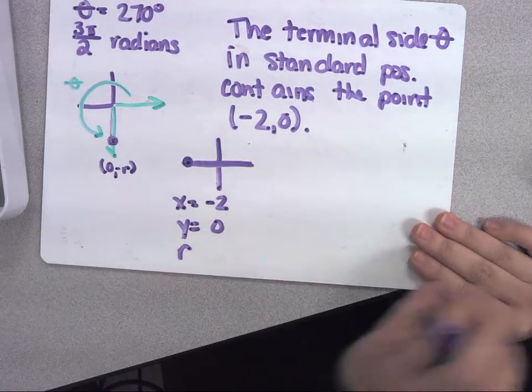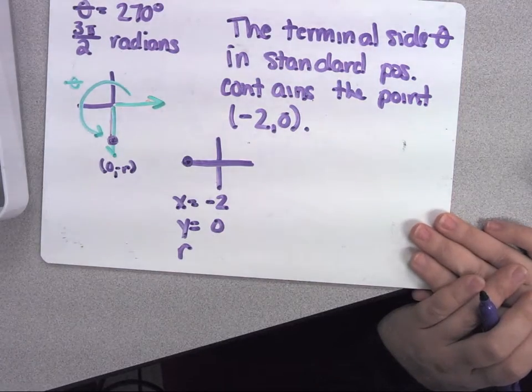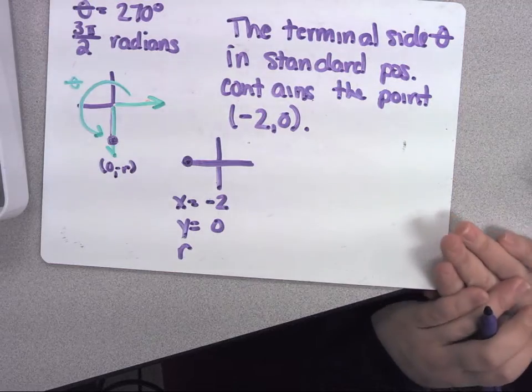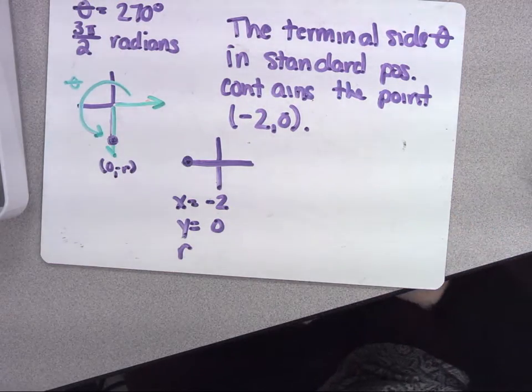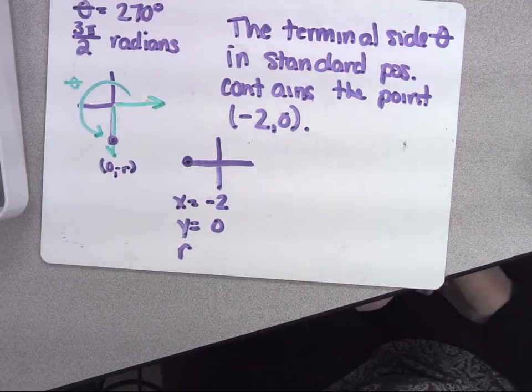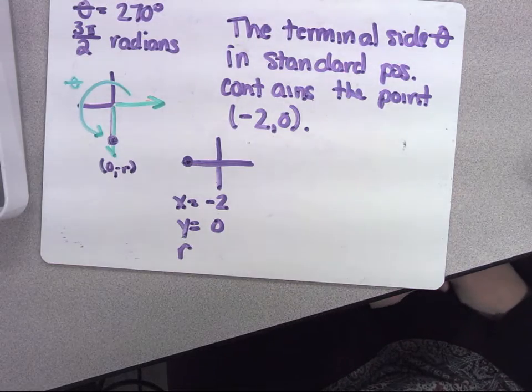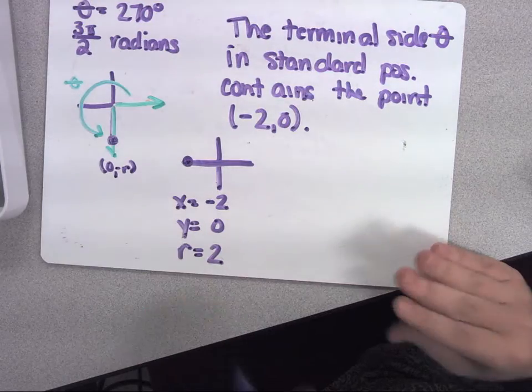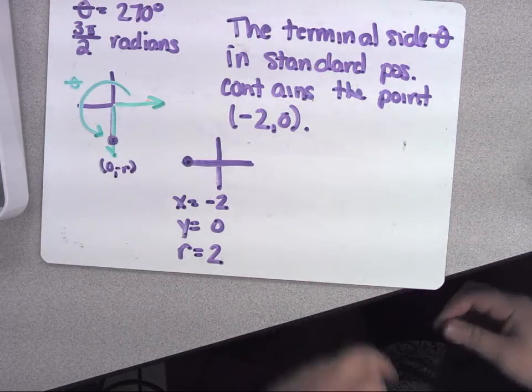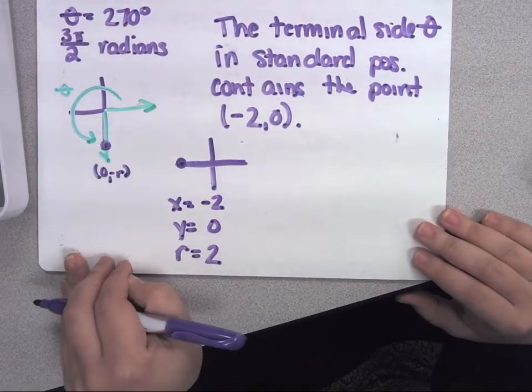What's our radius? Close. It's just 2. Because it says -r, your radius can only ever be a positive number because it's a length, it's a distance. So radius is 2. Luke, you are on fire today. I'm proud of you.